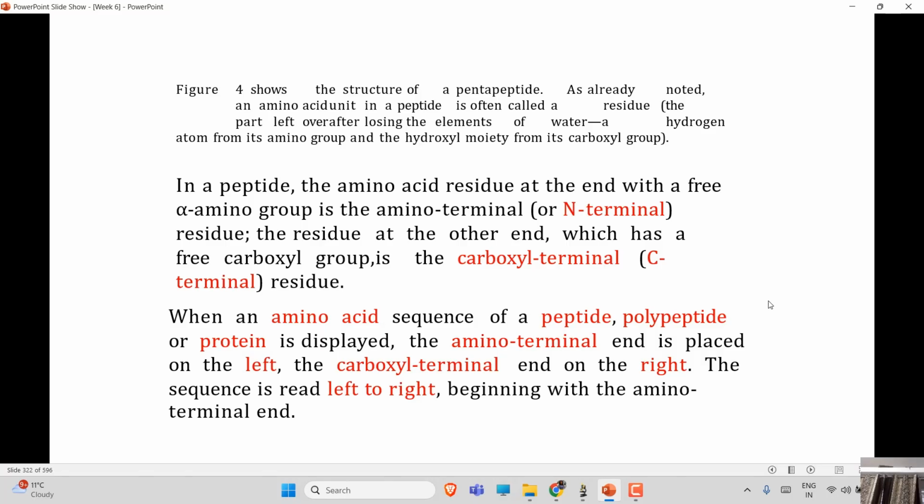When we display a peptide or polypeptide or protein, the amino terminal end is placed on the left and the carboxyl terminal end to the right. So see this, read left to right, beginning with the amino terminal end.